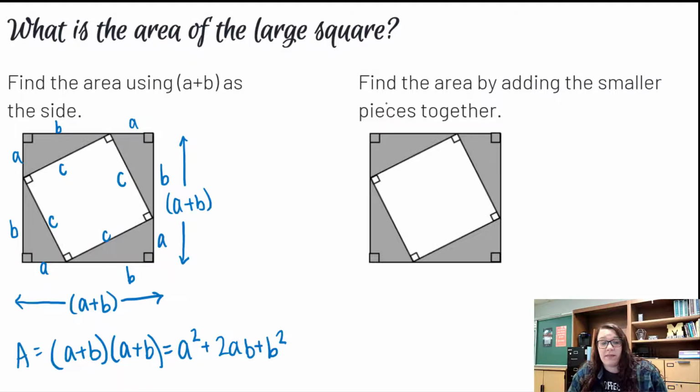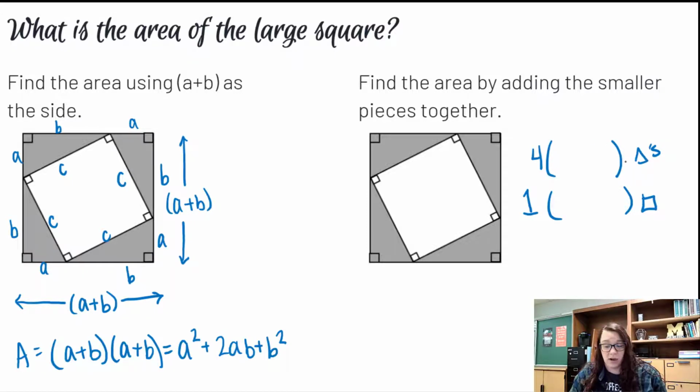Now, I want to find the area of this square the same way, but different kind of. It says find the area by adding together the smaller pieces. So I've got 5 pieces here. I've got 4 of these triangles, and I've got 1 of the square.